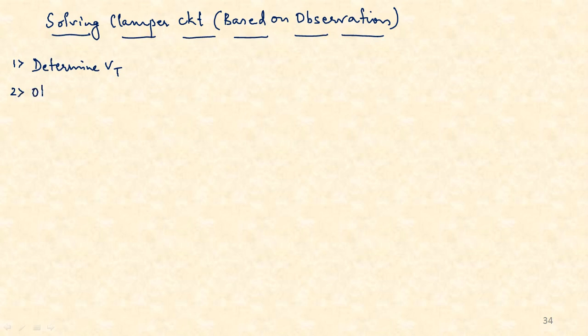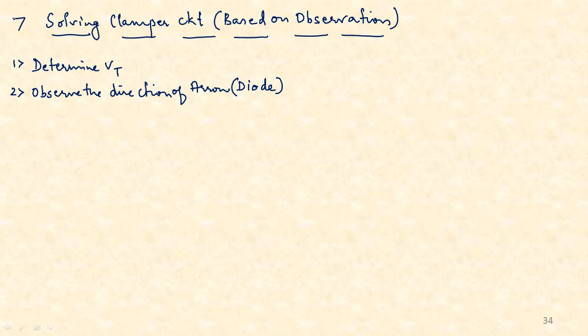Then the second step is to observe the direction of the arrow in the diode. Okay, there is no arrow in the diode, but you know, a diode usually resembles one, right?